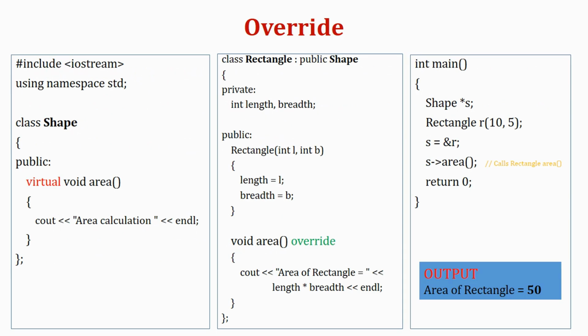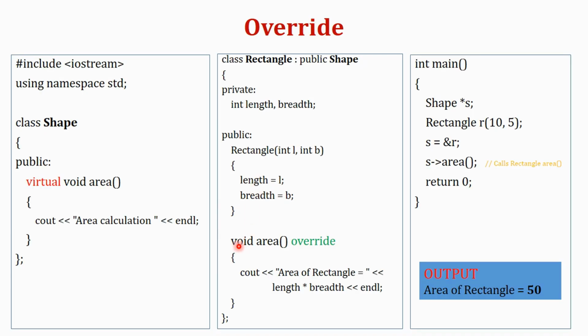Some examples here. For example, the class name is shape. So now here we are defining one virtual function. Again, the class rectangle, which inherits the properties from shape. Here there are two local variables declared, and then one constructor which will assign the values to the variables.